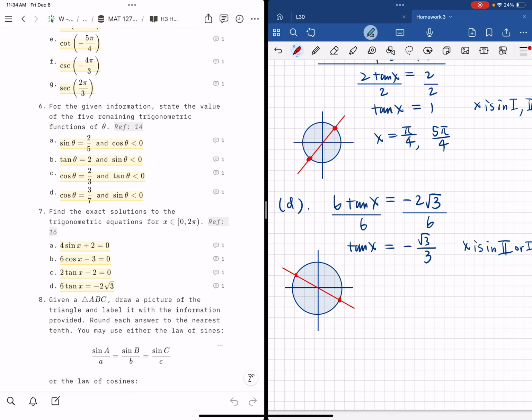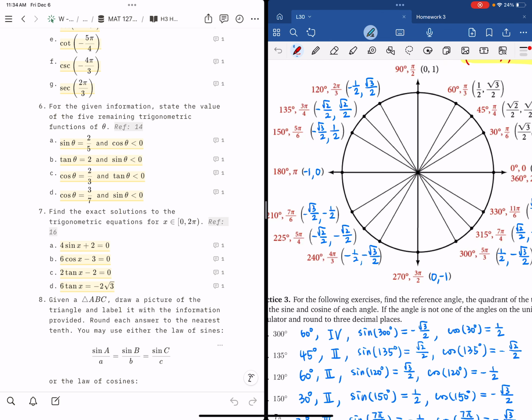So let's actually look at the unit circle. What I see right here is that if I do sine divided by cosine, and I'm looking at 150 degrees, it's basically 1 divided by negative radical 3. That's negative radical 3 over 3, and that's actually what we want. So basically, we find out one of the angles.